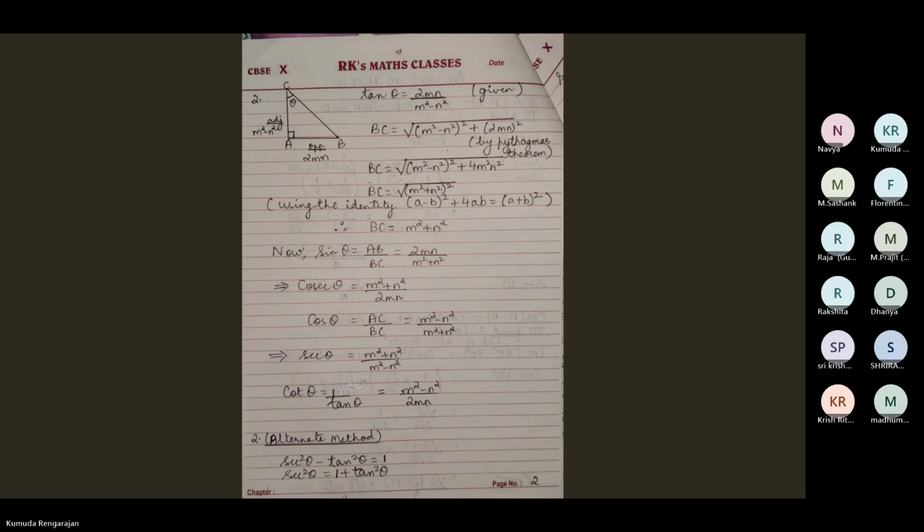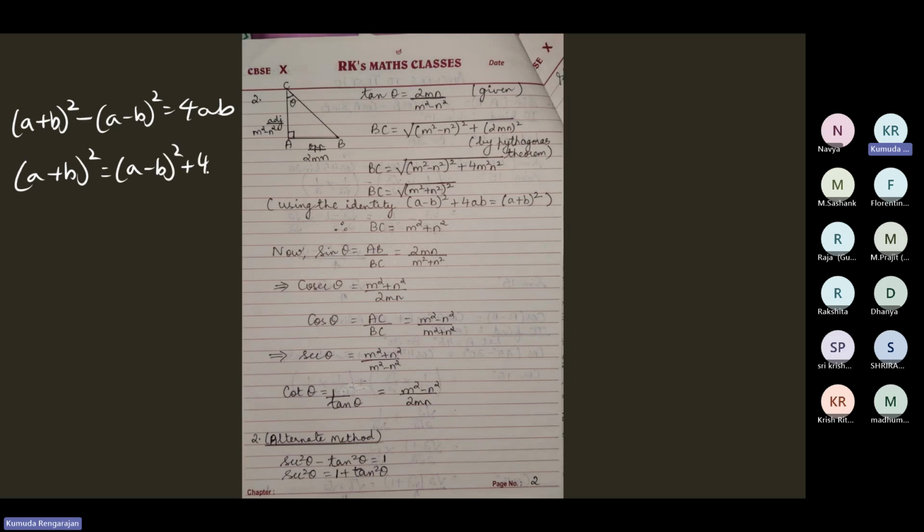All right. So this is nothing but, don't expand. I was telling you about the identities in the last class, very useful, very important identities. A plus b the whole square minus a minus b the whole square is equal to 4ab. From this we have other identities. On transposing we get a plus b the whole square is equal to a minus b the whole square plus 4ab.